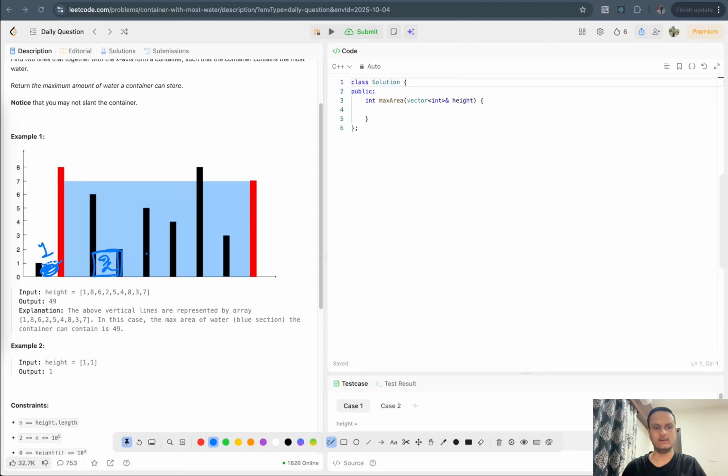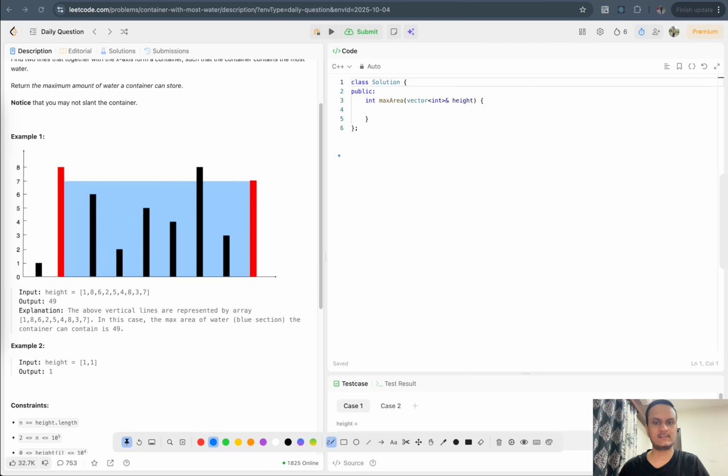This is another container, its height is 5, its other wall is 6, and it can hold 5 cross 2, so only 10 units of water. So we want to find the biggest container which can hold the maximum water.